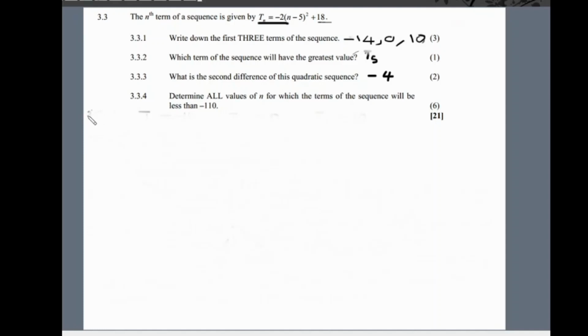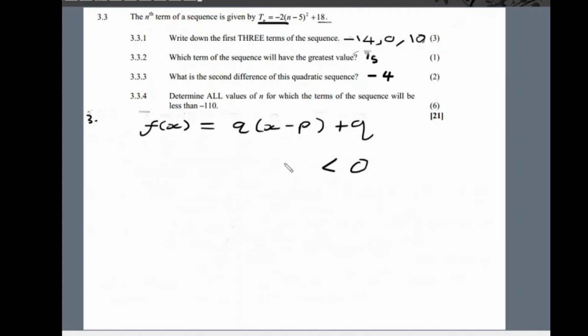Like how do you determine, if you have a function f of x equals a(x minus p) squared plus q, how will you determine the x values where the function is less than 0, say, right?